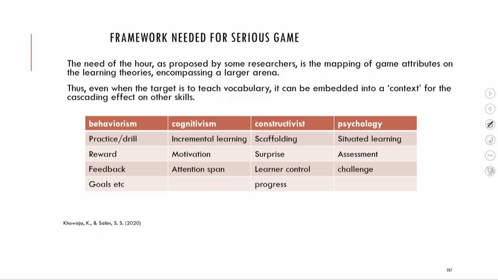So, the need of the hour is a mapping of game attributes on learning theories. Otherwise, until and unless you base it on a theoretical proposition, you might not be able to address all the relevant questions, because many of these disorders are not just a one point kind of problem.